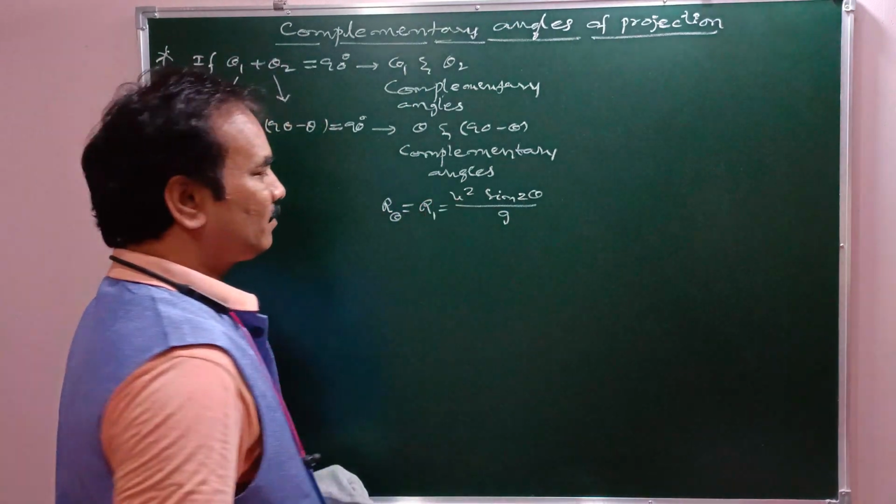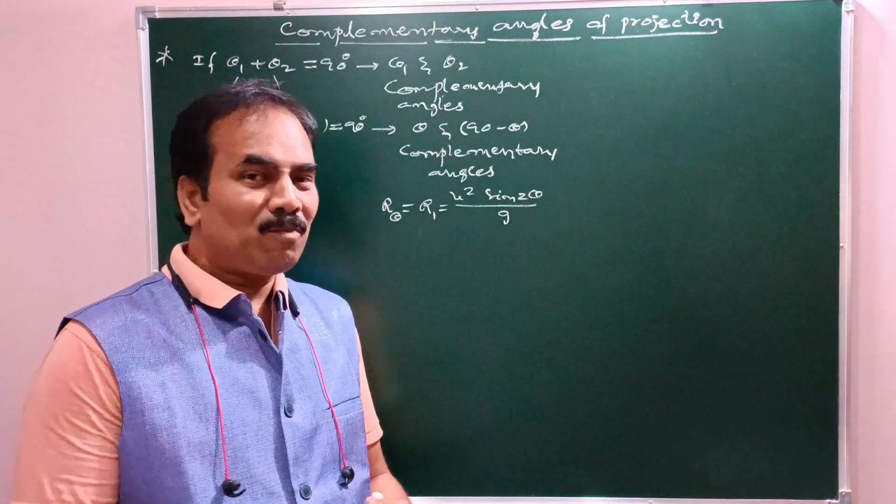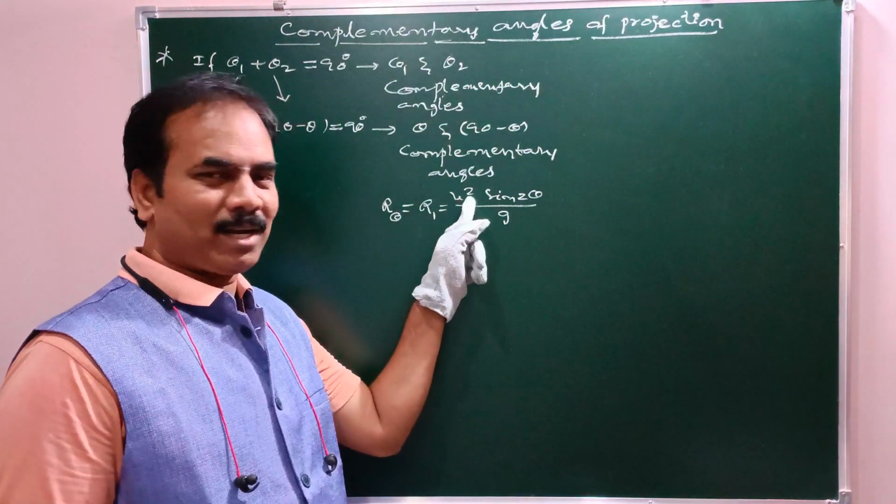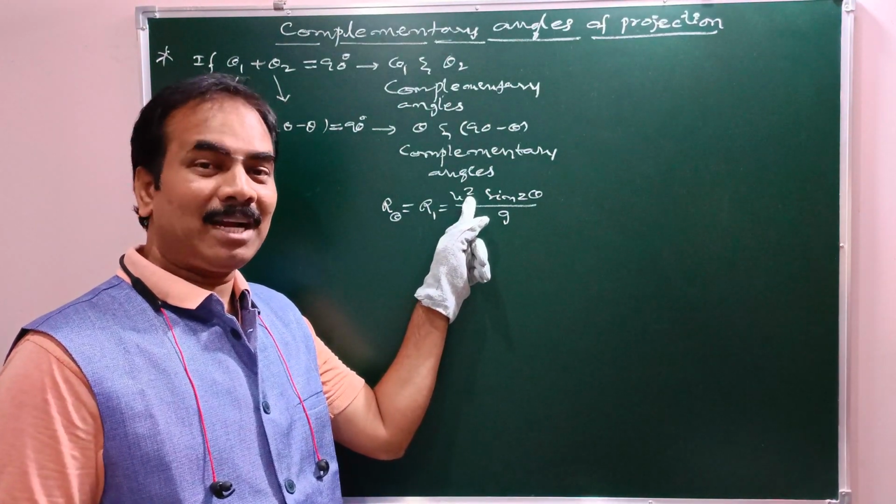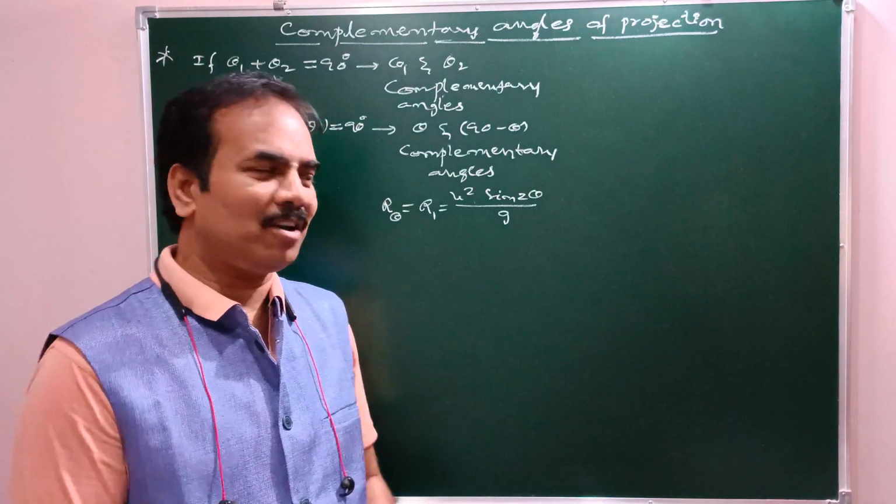One more time, the same body is projected with the same speed at the same place, but at an angle 90 minus theta with horizontal.